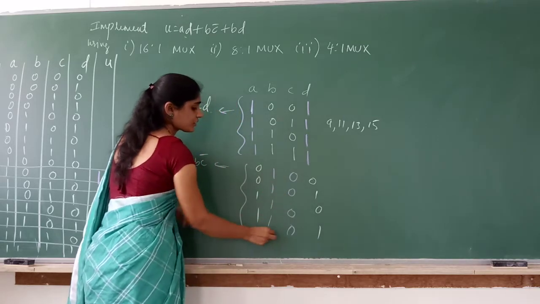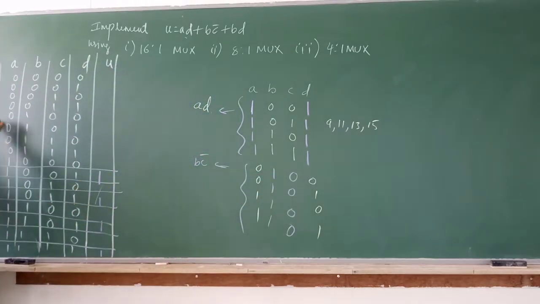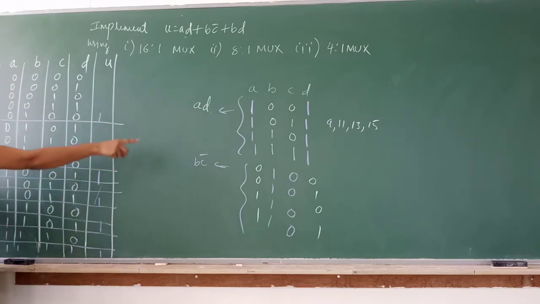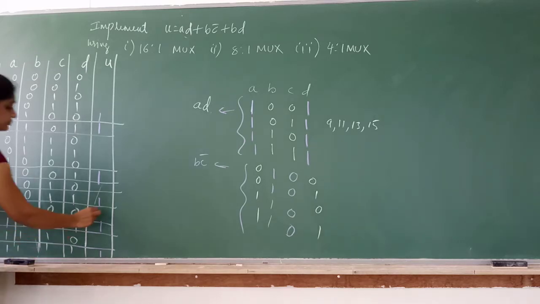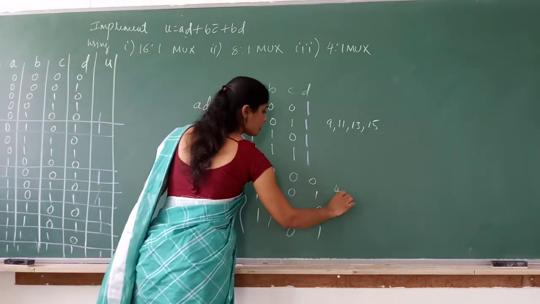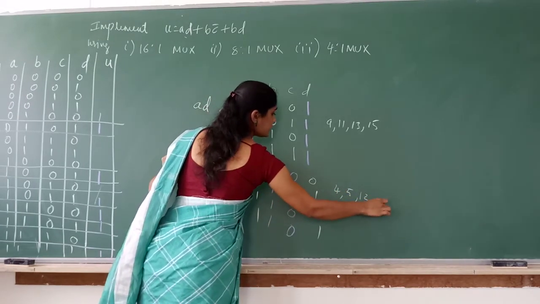Now 0100 is 4, and for this the output is 1. 0101 is 5, output is 1. 1100 is 12, output 1. 1101 is 13, already it is taking 1, I need not write it again. So the min terms are 4, 5, 12, 13.